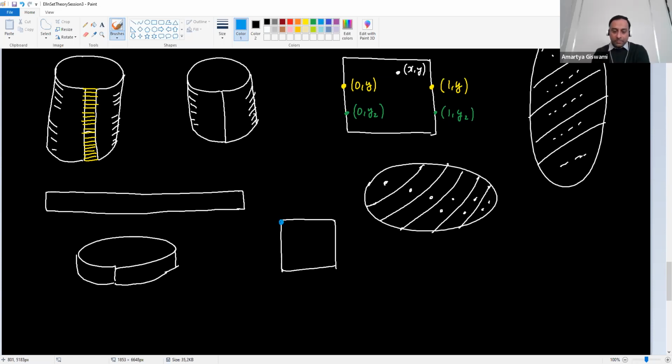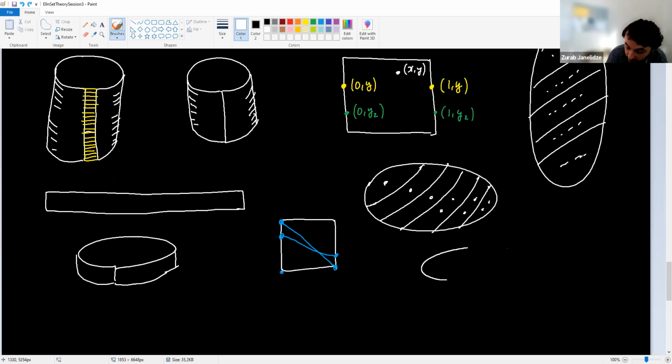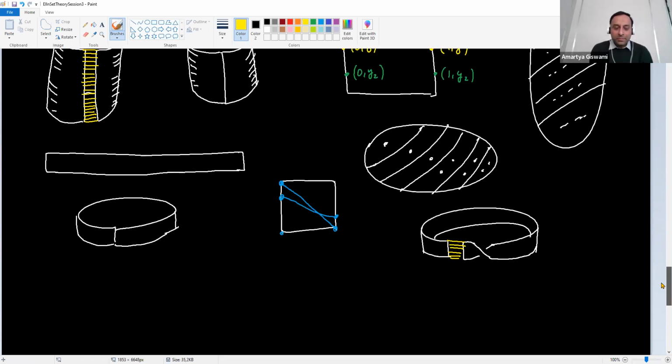Group this one with that, that with that, and so on. So the effect of this is basically that you take your strip, and then you twist this end, and then you stick it with the other end. And what we get as a result is, of course, the thing that's called a Mobius band. And one can get a Klein bottle with this construction and so on.